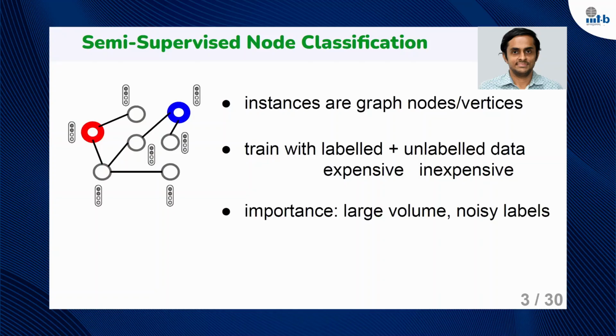The main motivation is that unlabeled data is inexpensive and freely available, but it is expensive to label the nodes, since it requires manual labor. So the goal is to use the unlabeled data during training as well, and then eventually label the unlabeled nodes in the graph.